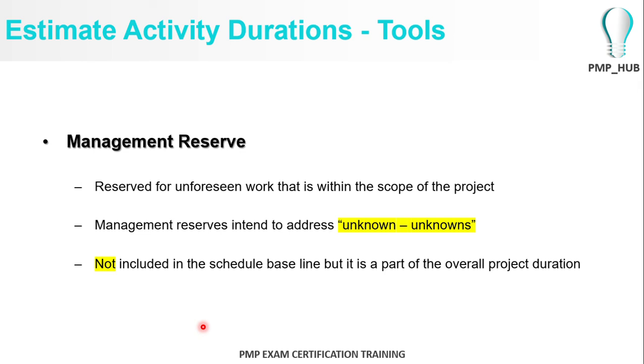So this is called the management reserve. But however, you will have to understand that management reserve is not included in the schedule baseline, and it will be a part of the overall project duration.